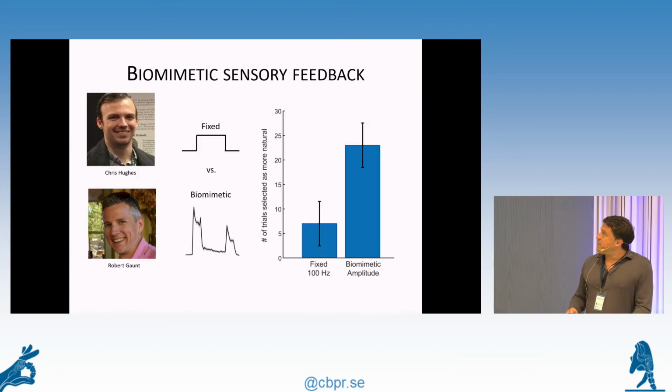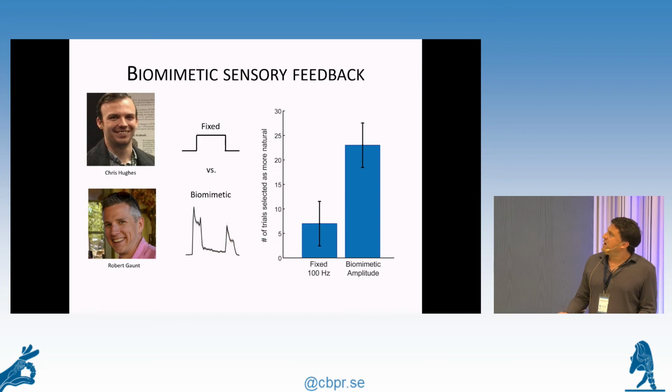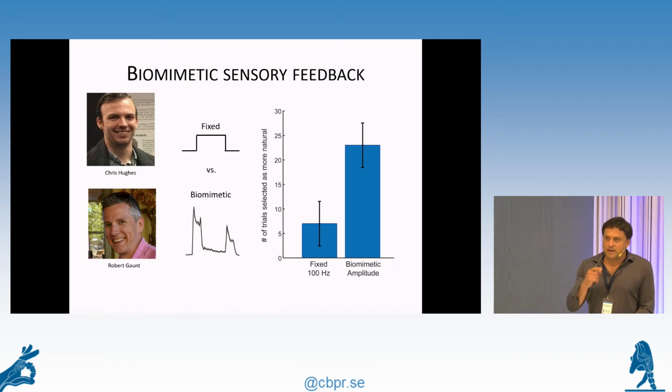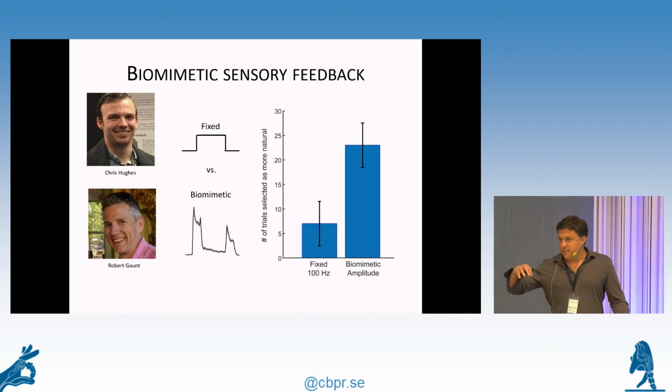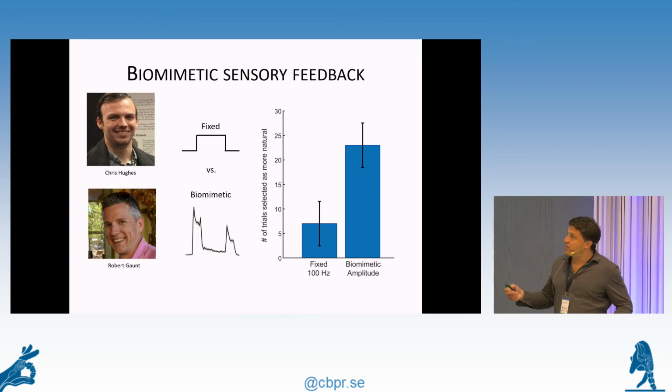I'll show you one little data point that's hot off the press. This is my colleagues at Pitt again, who had the subject, Nathan, that I talked to you about earlier, judge the naturalness of fixed trains. So now this is trains of stimulation delivered to somatosensory cortex, either fixed or biomimetic trains, so trains that Chris, a student, derived from our model of TOUCHSIM.